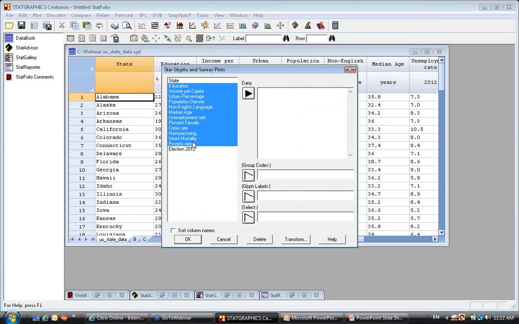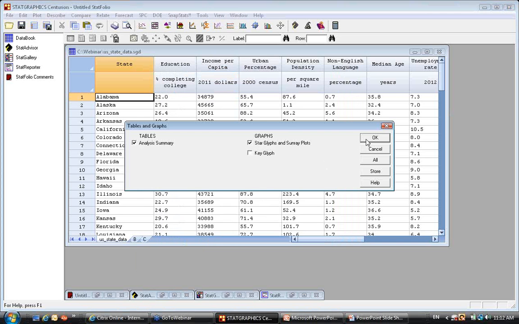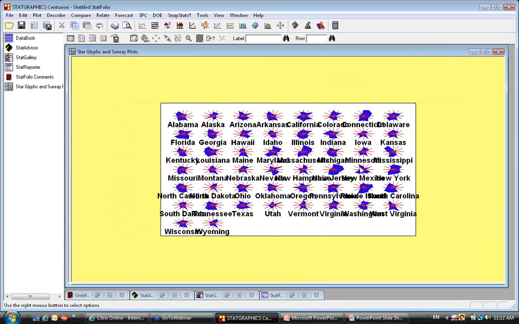I'm going to choose the 12 columns ranging from education to poverty rate and use those to create the stars. I'm also going to take the states and use the names of the states to label each of the glyphs. If I now press OK, OK again, it's created the star glyphs for me.